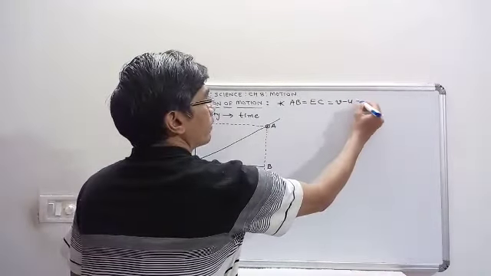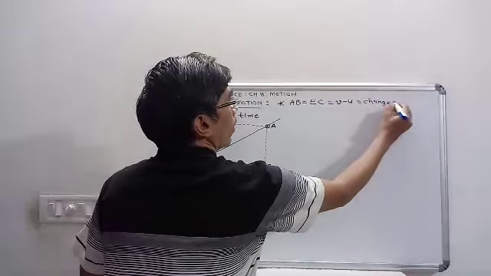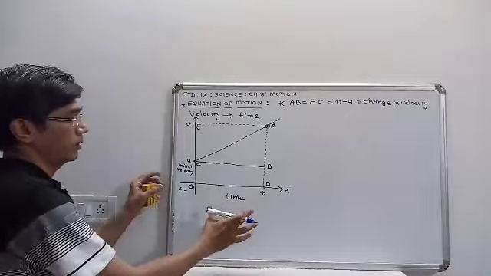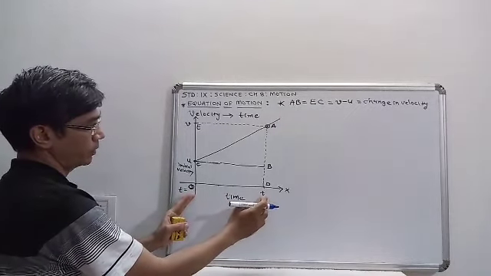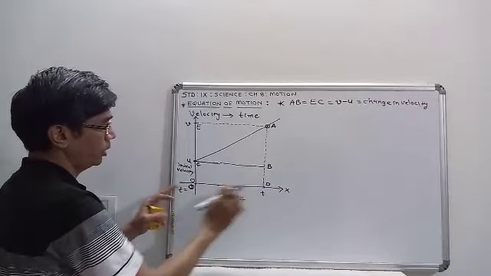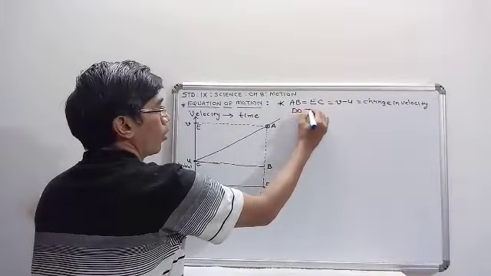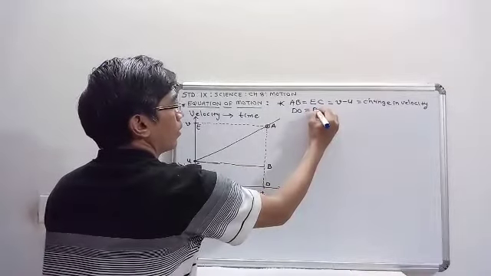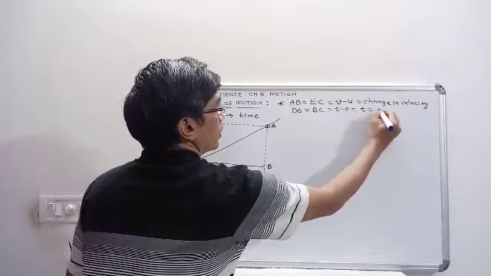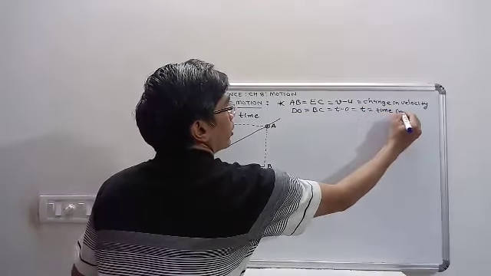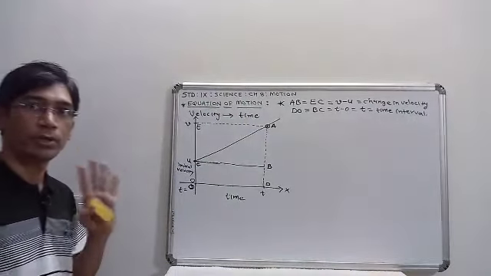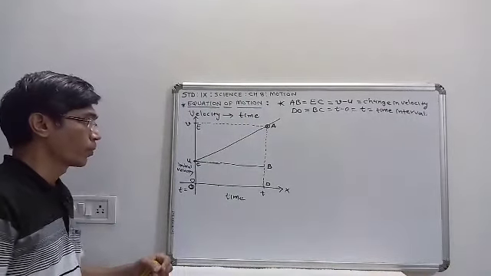So it is the change in velocity. Whereas the time interval is t minus 0. DO is equal to BC is equal to t minus 0, that is t, the time interval. We have three equations of motion.